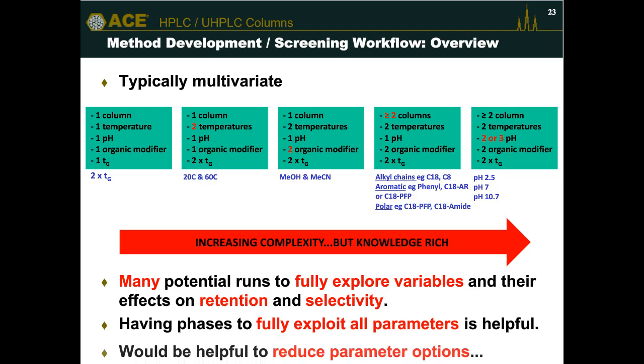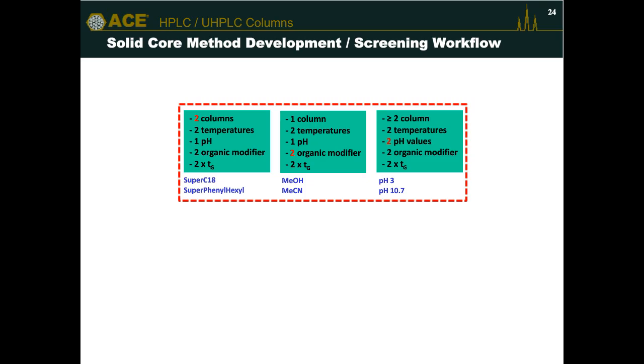So we tend to look at two columns, so two different types of stationary phase with different mechanisms of interaction. Two different organic modifiers, and methanol and acetonitrile are fantastic solvents for HPLC. So we look at those, and in this case we've looked at two different pHs.